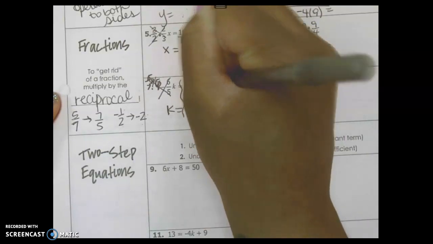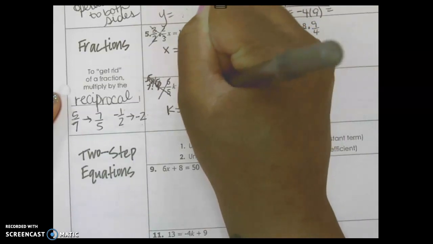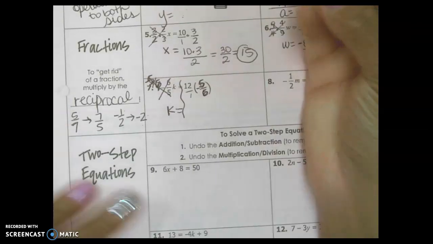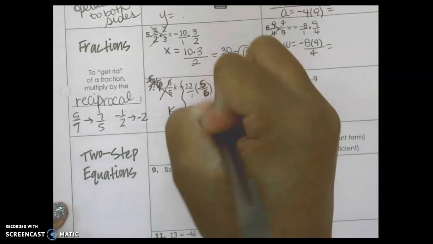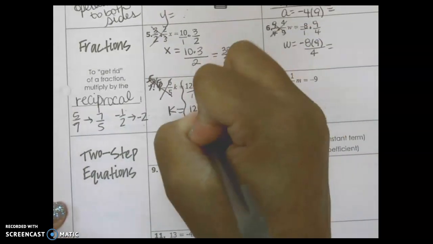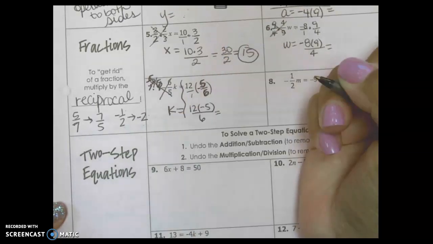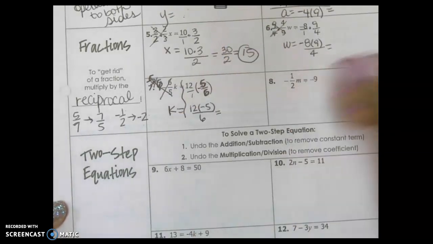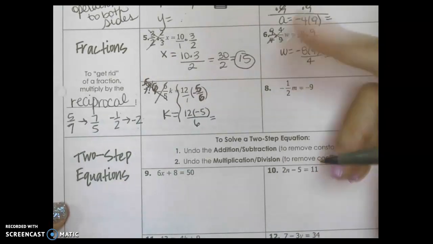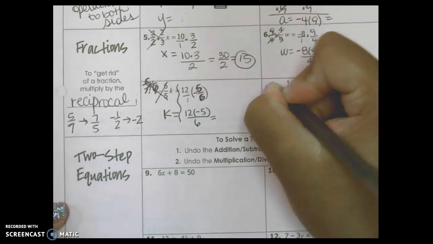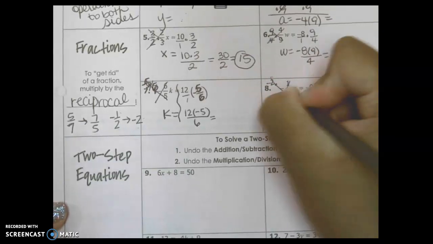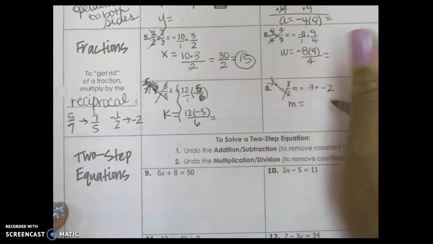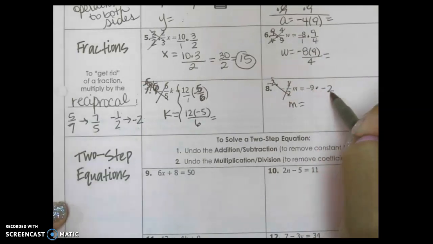This is also a prime example why you should be writing in pencil, not pen, because when I make a mistake it looks messy. So it should say 12 times negative 5 over 1 times 6, which is just 6, and you need to work that out. Over here, flip it and multiply. Times negative 2 times negative 2. These cancel out. M equals whatever negative 9 times negative 2 is.